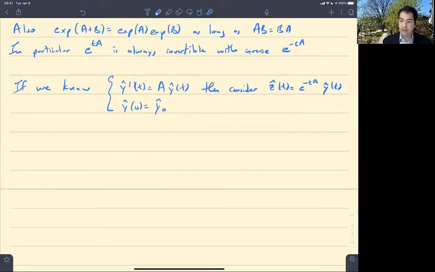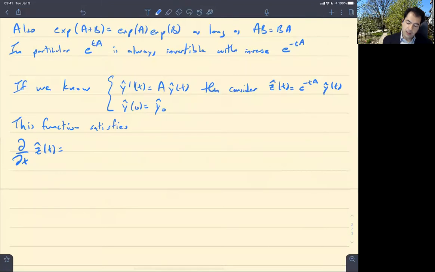So e to the minus ta times y hat of t. Take the derivative with respect to t of c hat of t. So by the Leibniz rule, this would be the derivative with respect to t of e to the minus ta times y hat of t plus e to the minus ta times the derivative with respect to t of y hat of t.